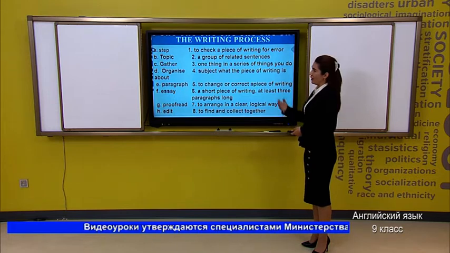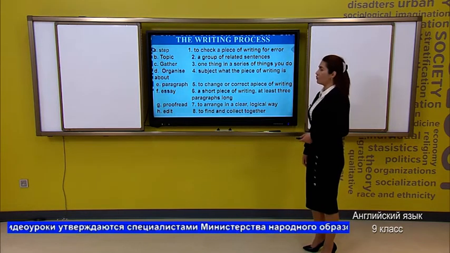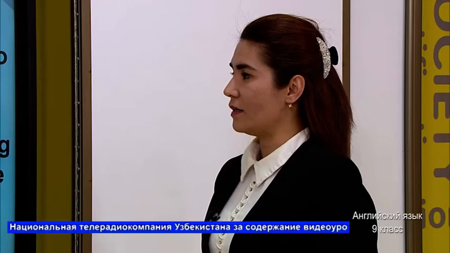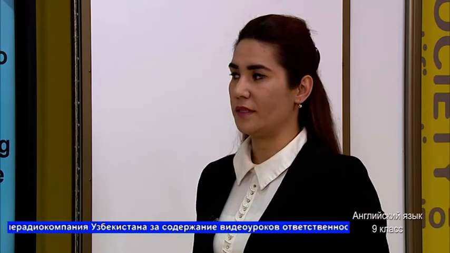First one, A is step, to check a piece of writing for error. B, topic, a group of related sentences. Gather, it is one thing in a series of things you do. D, organize, you should organize your sentence. Subject, what the piece of writing is about.